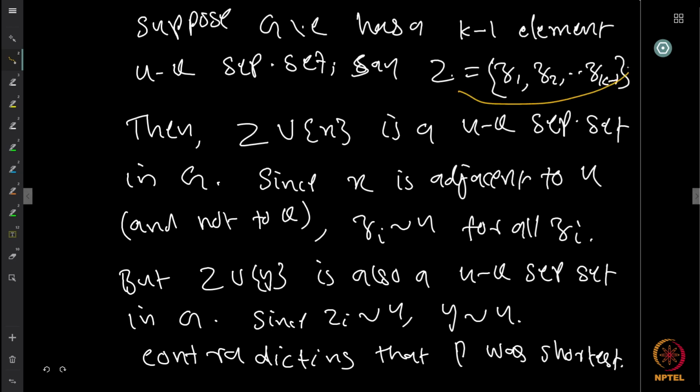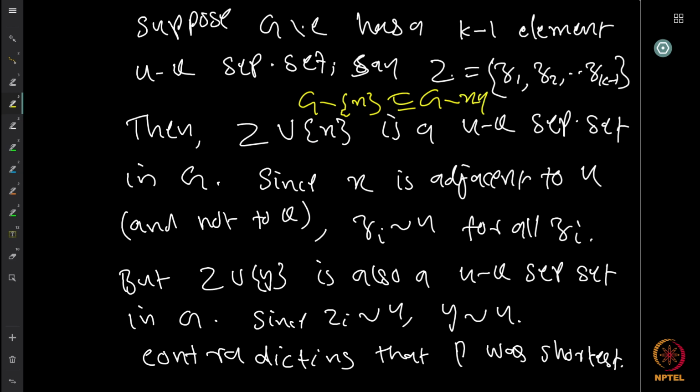Because this is the separating set in G minus XY, and G minus X, for example, let me just write it, G minus X is a subgraph of G minus the edge XY, right? Now, since Z is a UV separator for G minus XY, it is also a separator for G minus X, right? Because it's a smaller subgraph.